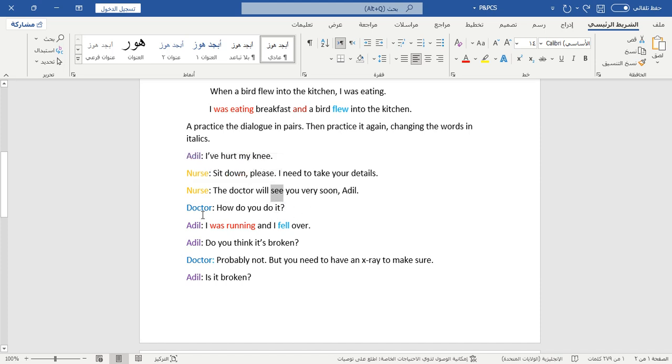Okay. The doctor said, "How do you do it?" How do you do it? The first verb is an auxiliary verb, showing the tense of the sentence. What does do mean? What's the tense?